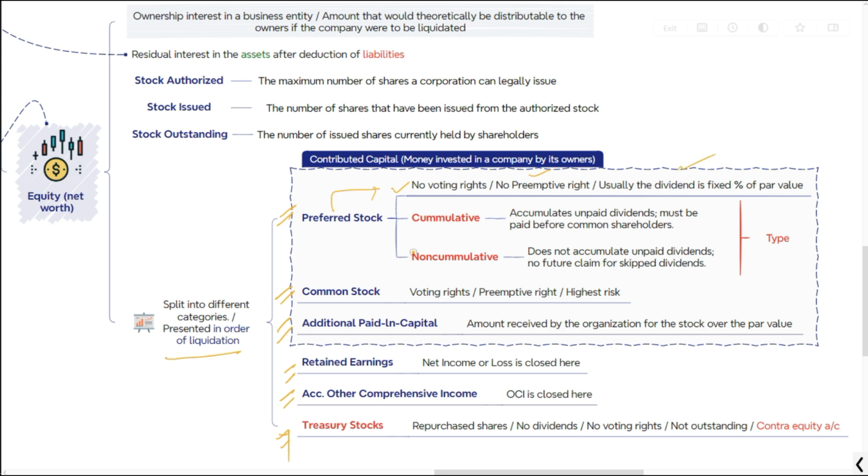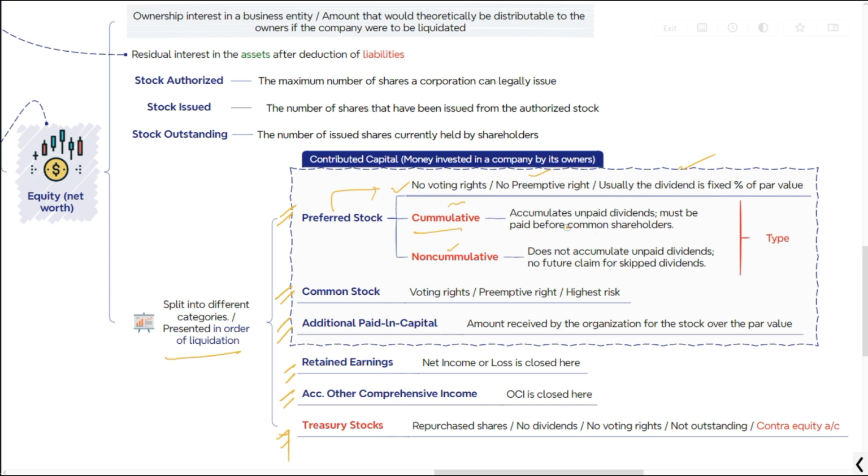There are many types of preferred stock, but generally preferred stock is cumulative or non-cumulative. Cumulative means that if the organization does not pay dividends, those dividends must accumulate, and must be paid before paying the common shareholders.